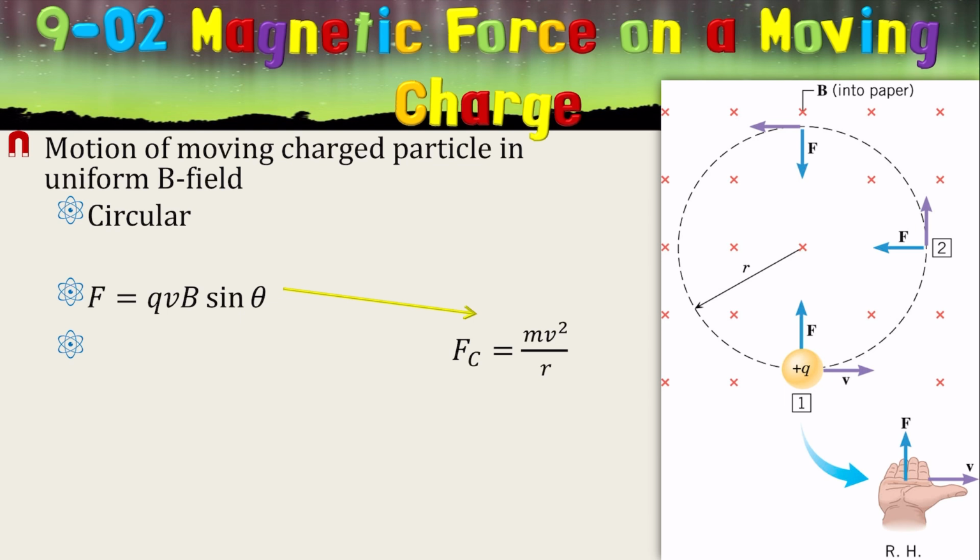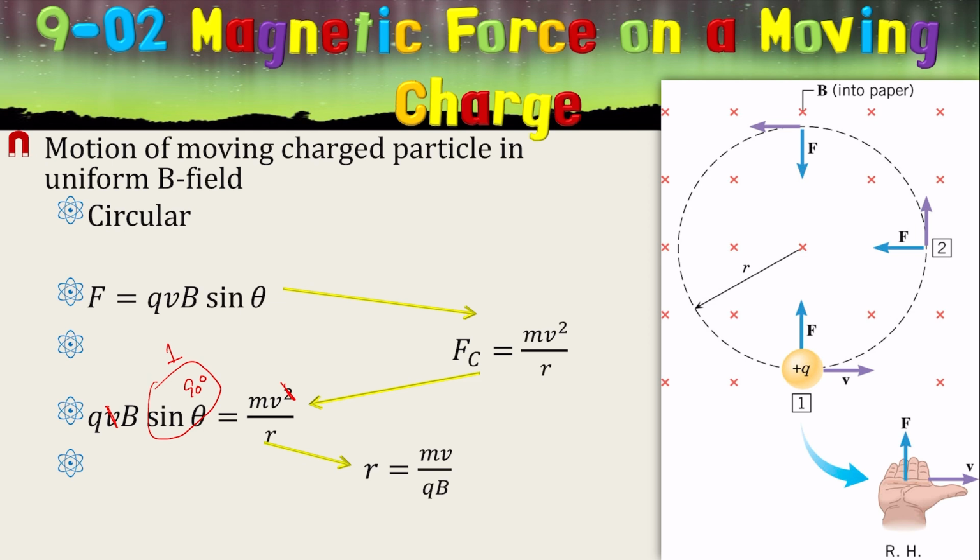So that would be the centripetal force. So we can make those equal to each other. We can cancel out one of the V's. Let's say we're perpendicular, so that's 90. Sine of 90 is 1. And then you could solve for R, mv over qB.